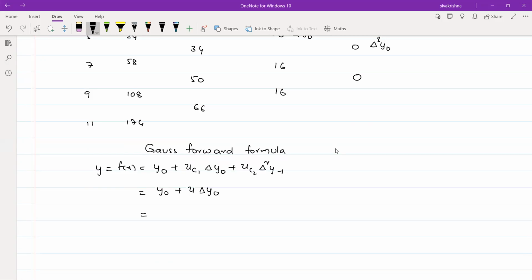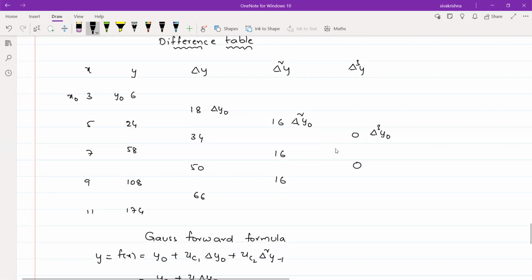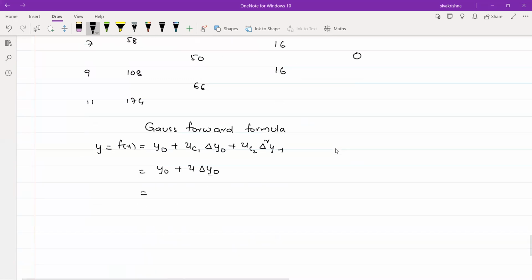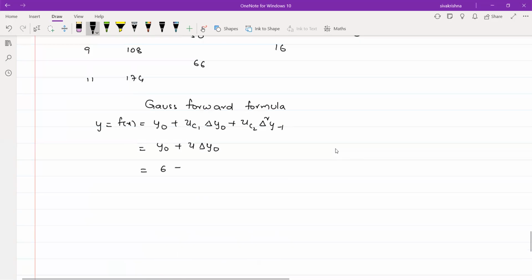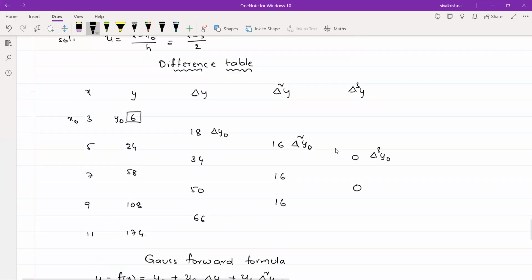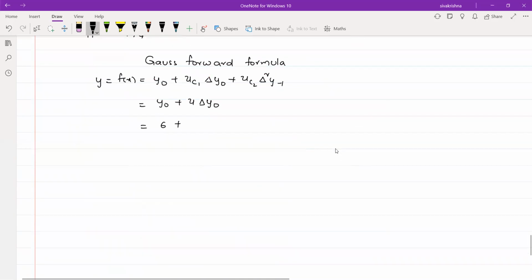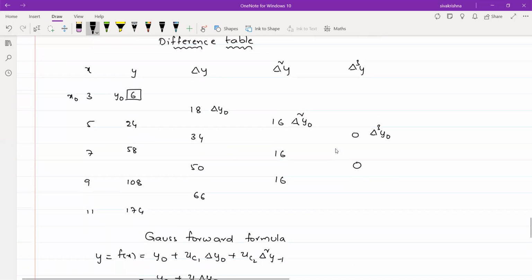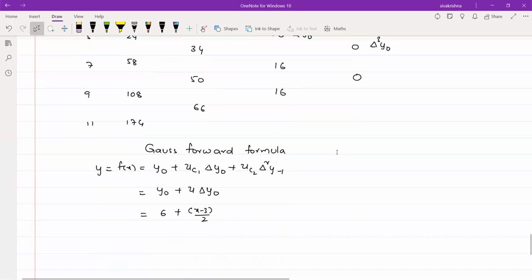On substituting, the y naught value is 6 in the table, so we substitute 6 here, and u is x minus 3 by 2, so we write (x minus 3) by 2 into delta y naught. Delta y naught is 18 in the given table, so we write 18. We cancel 2 in 18, 9 times.